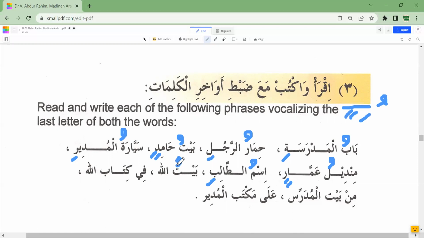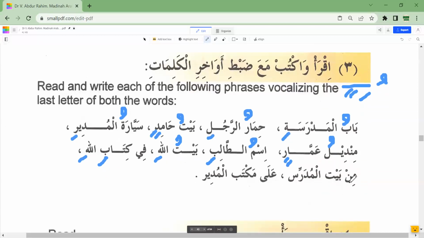Fi kitabillahi. Right. So fi kitab. Because of this, fi, this becomes majroor. Fi kitabillahi, in the book of Allah. Min baitil mudarrisi, right.